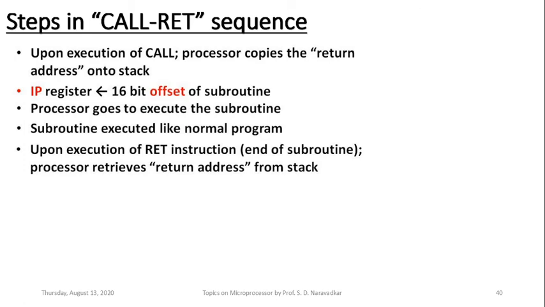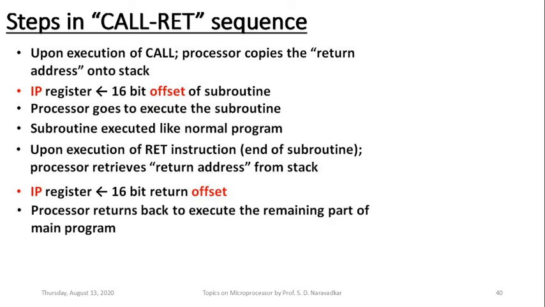And then in the next step, the 16-bit return offset address will be once again loaded to the instruction pointer, and immediately the processor will return back to the mainline program here. So this is my last step, which I have shown at the bottom, the 7th step here. The processor returns back to execute the remaining part of that main program.